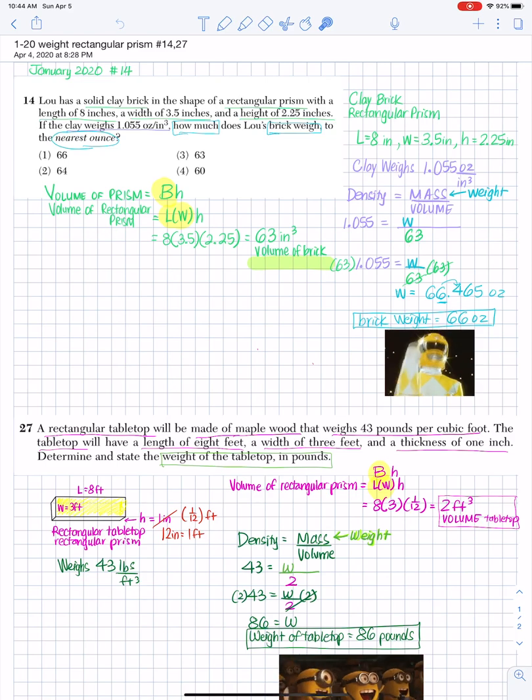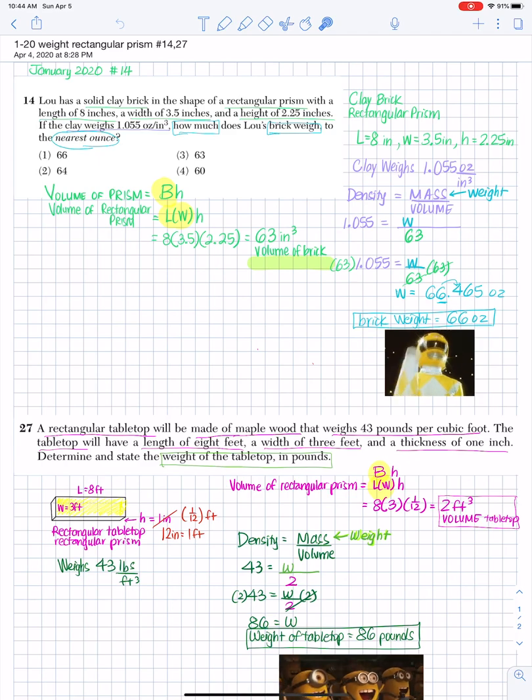So we plug that in where it says volume. When you're solving algebraic equations and you want that variable by itself, you have to perform the opposite operation. Here it's divide, so the opposite of divide is multiply. We multiply both sides by 63. It cancels here, and when you multiply these two numbers, we get the weight of the brick is 66.465 ounces.